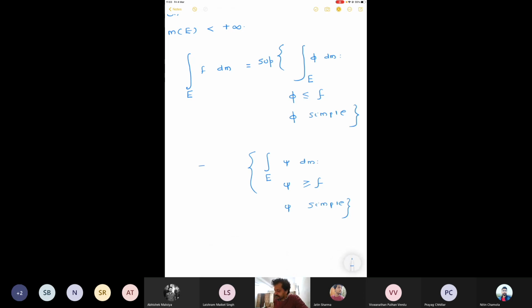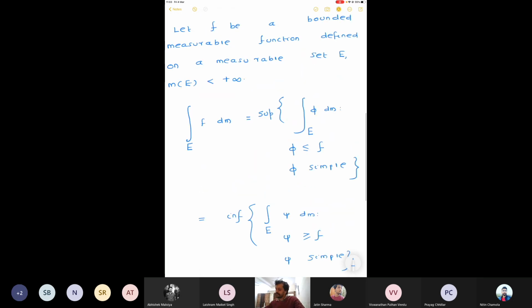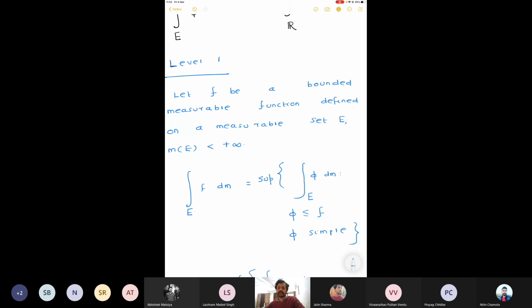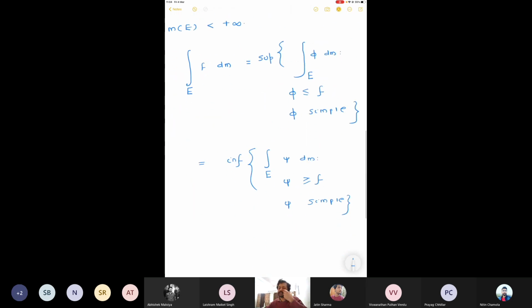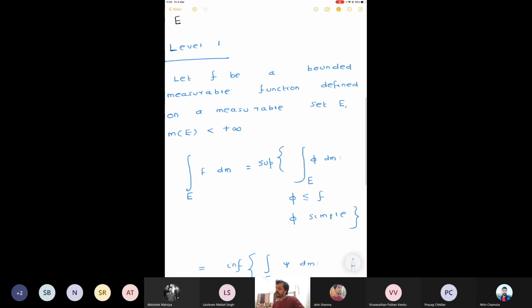And we have seen that, due to the condition that f is measurable, these two quantities coincide. So far, so good. Yes. So right now, we know how to integrate a bounded measurable function on a measurable set with finite measure.